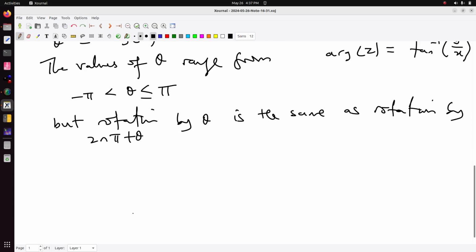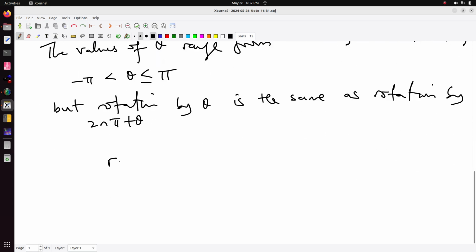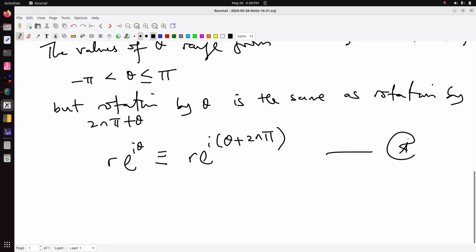What does that mean? It means if you have a complex number written in polar form r exponential i theta, it is equivalent to r exponential i by adding 2n pi to theta. n can range from 1, 2, 3, 4, and so on. So this can also be useful.